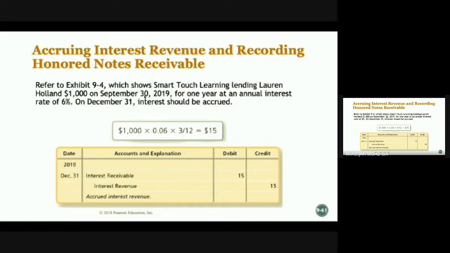So there are 3 months over 12, and the rate is 6% per annum. The interest you are going to receive, which is not received but receivable, is $15. Now you recognize the interest revenue, which is 15, at the end of 31st of December.